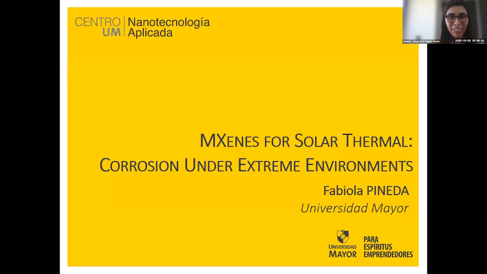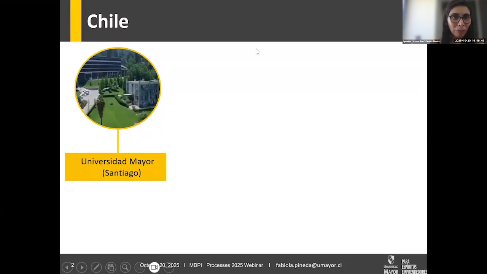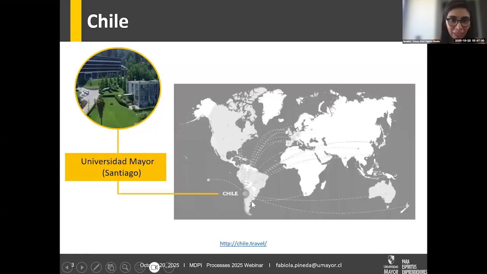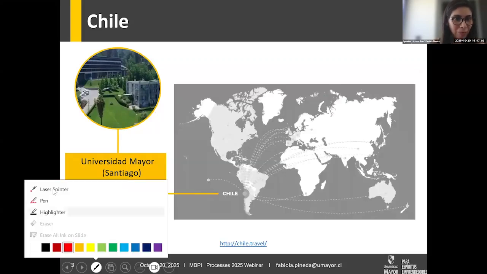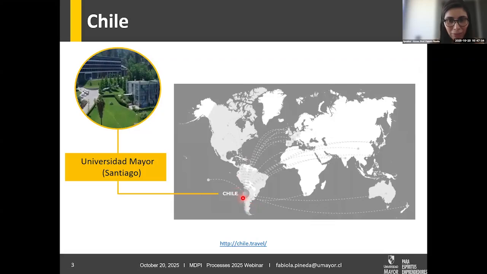Well, I will start. My name is Fabiola Pineda. I'm from Chile, and I always like to start with a little bit of context because I think the question is, where is Chile? Well, I work at Universidad Mayor, which is in Santiago, the capital of Chile. Here is Chile, in the very south of Latin America.